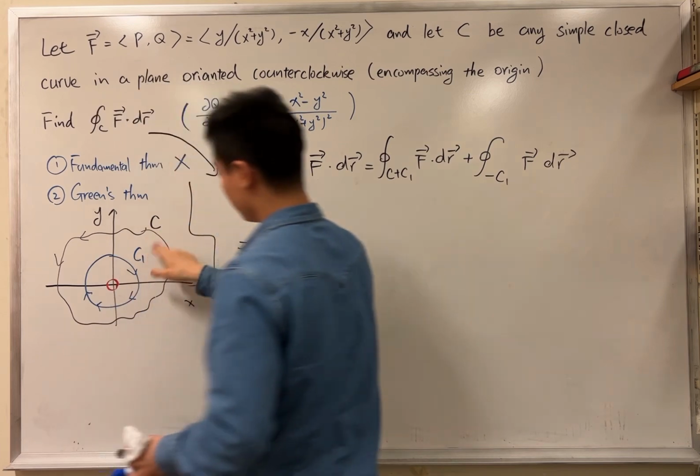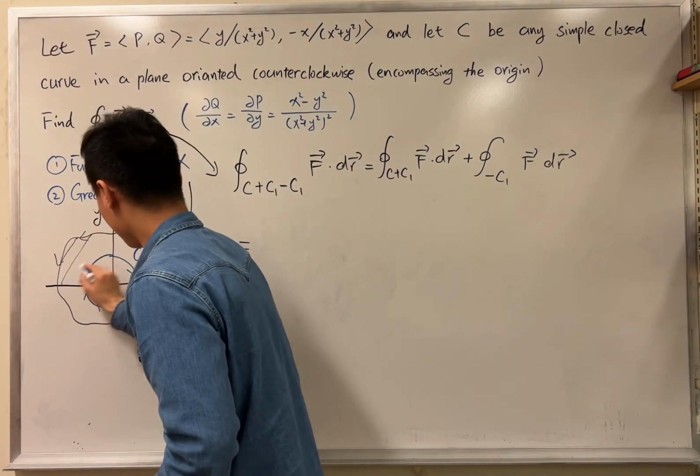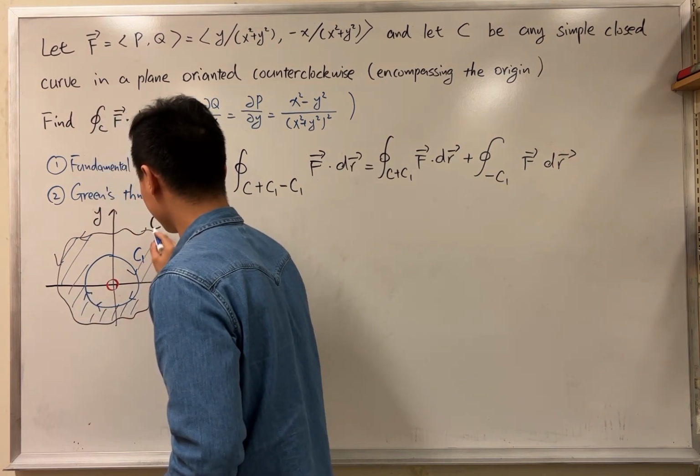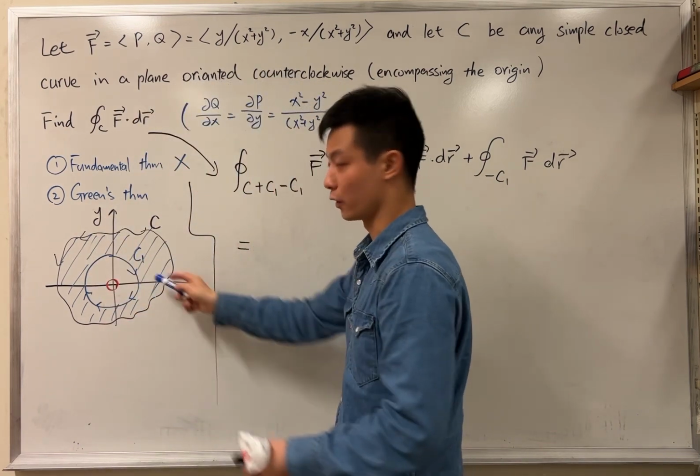C and C1 is going to give us a new region, which is highlighted by this blue marker, because obviously C and C1 is going to be the boundary of this new region.